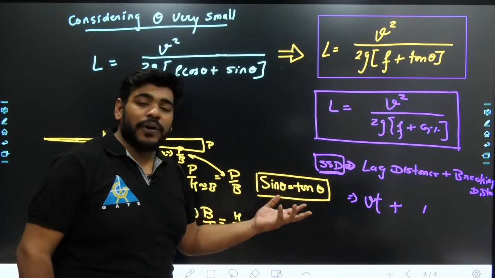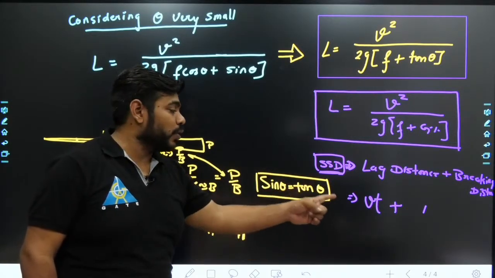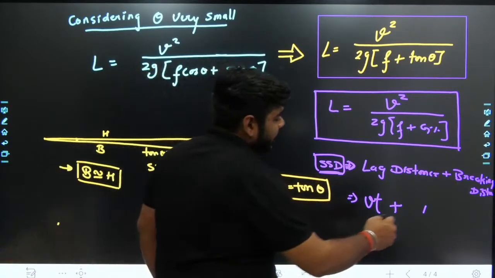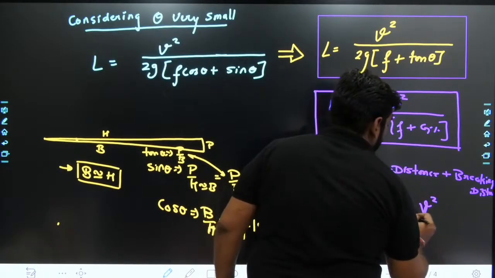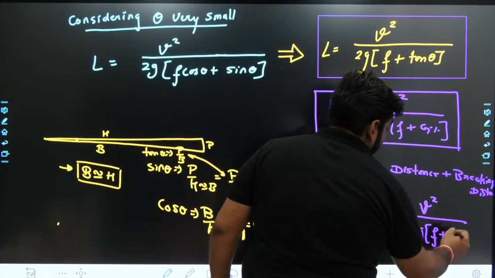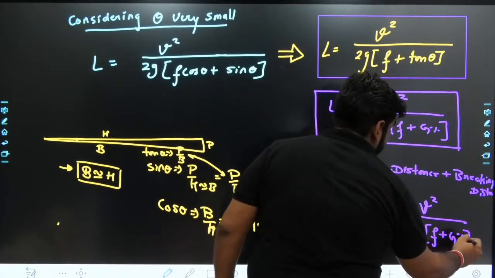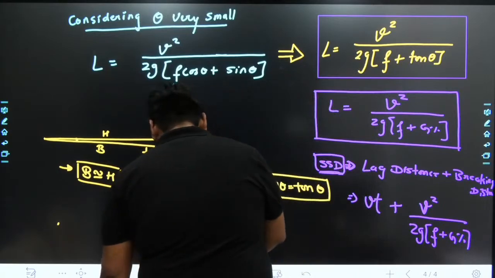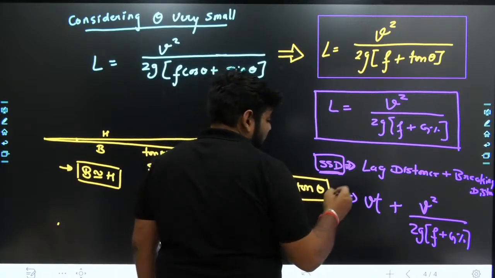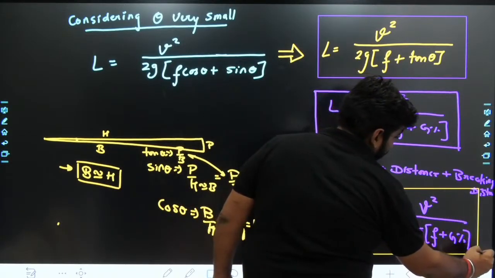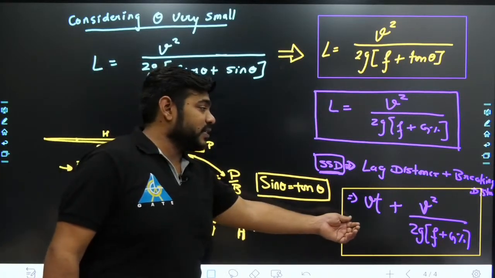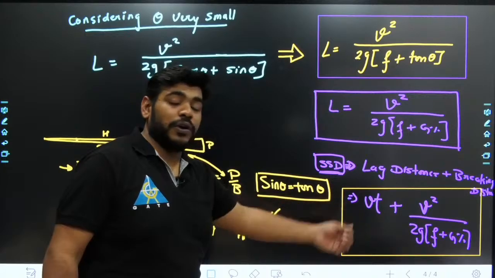Whether you are moving on a down gradient or an up gradient, this won't be changed. So this value will be VT plus V square divided by 2G times (F plus G%). This is your final expression for the stopping sight distance of a vehicle that is moving on an up gradient.